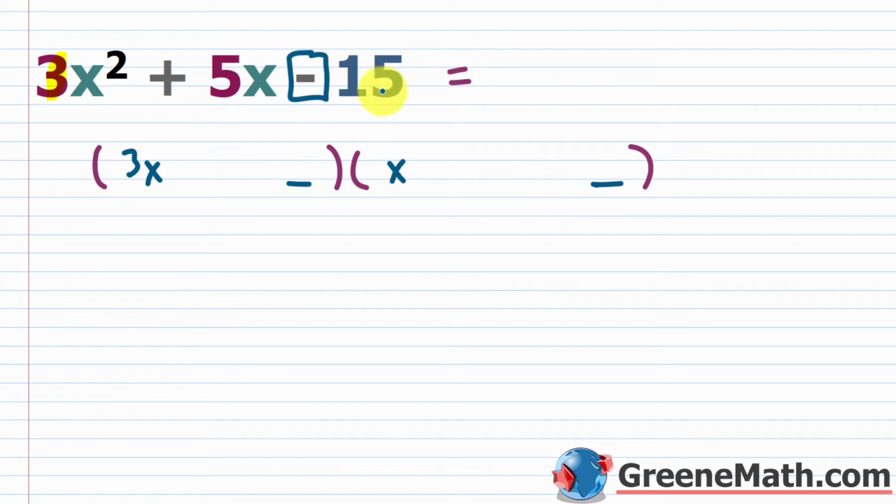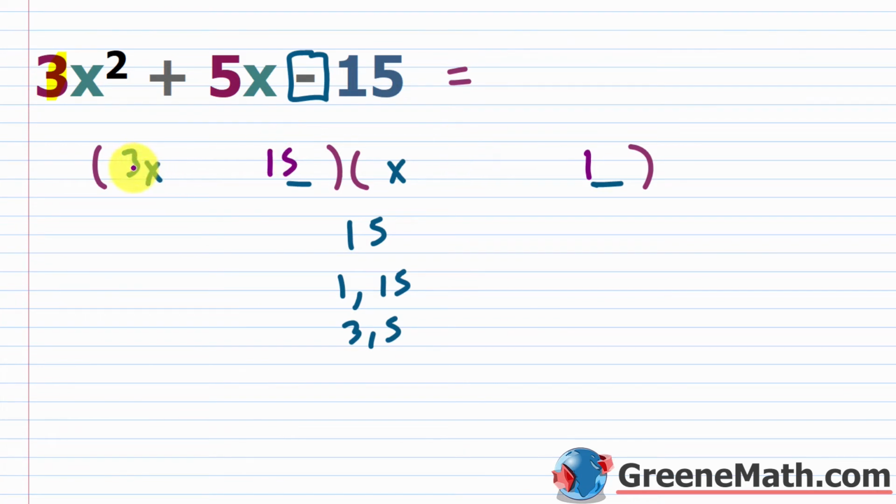So let's just think about 15. And what are the factors of 15? Well, you have 1 and 15, and you have 3 and 5. Now, let's stop for a minute. Can I put 15 here and 1 here? Is this a valid possibility? No. We talked about this in a lesson, but you might have forgotten. If this trinomial that you're trying to factor does not have a common factor other than 1, when you look at these binomials that you're setting up, you're not going to have a common factor other than 1 as well.